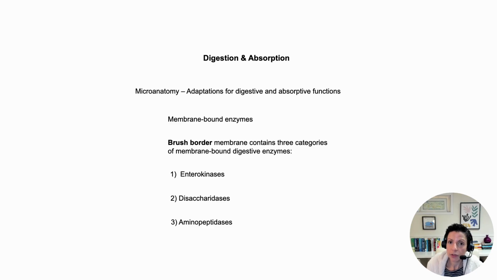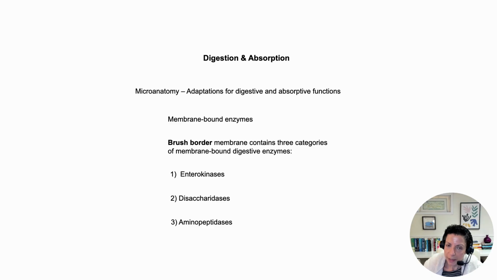We don't need to secrete these enzymes because they are always available. They're part of the plasma membrane on the mucosal cells in the small intestine. These are sometimes called brush border enzymes because the mucosal lining of the small intestine has microvilli that make it look like the bristles of a brush.